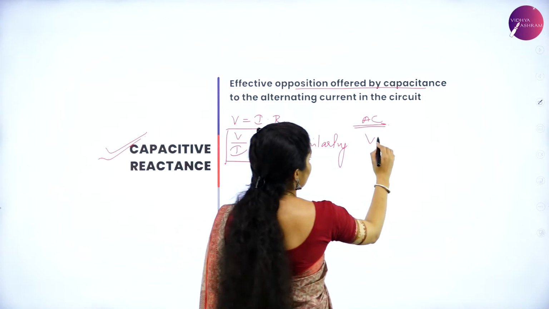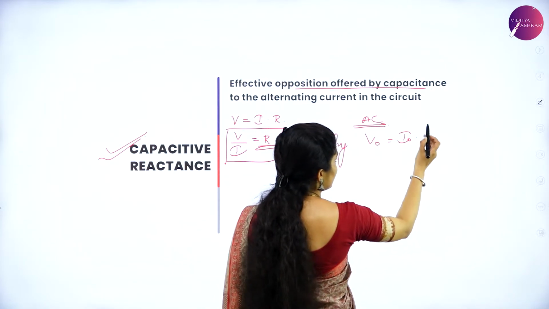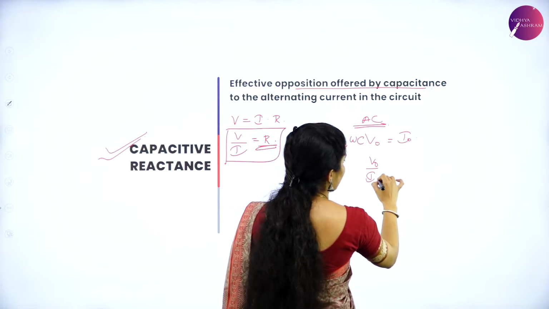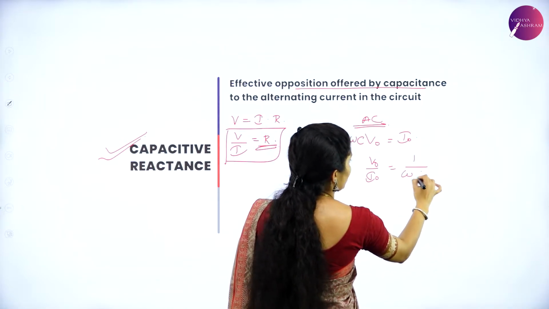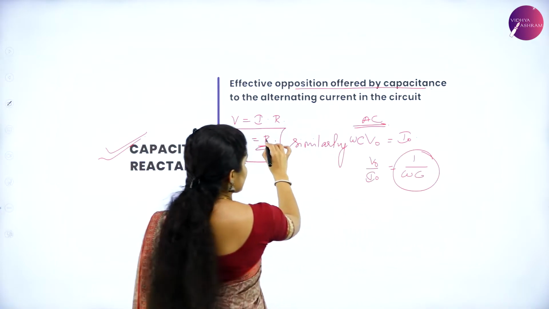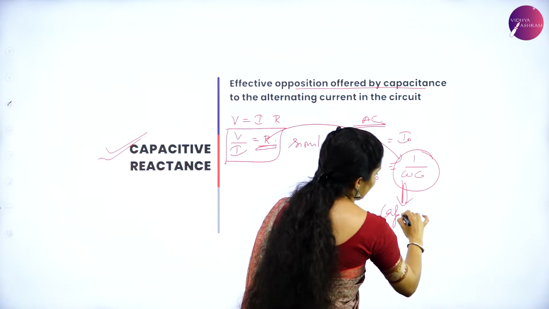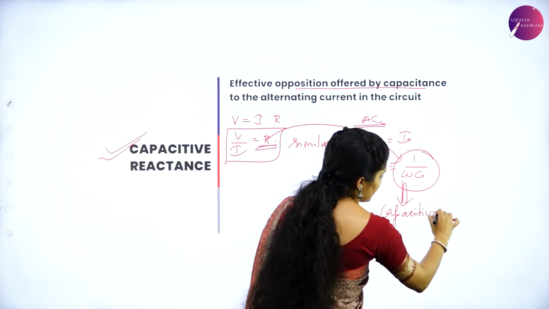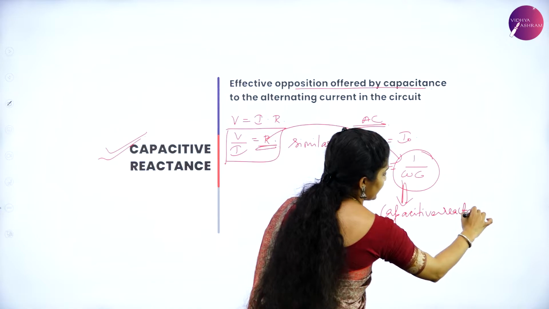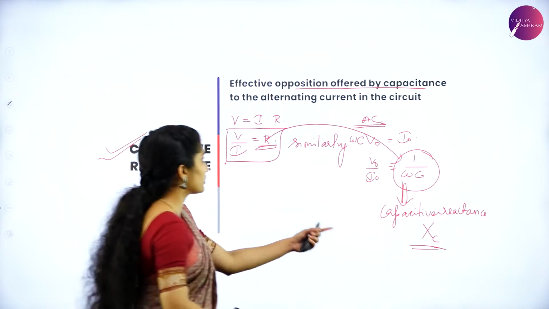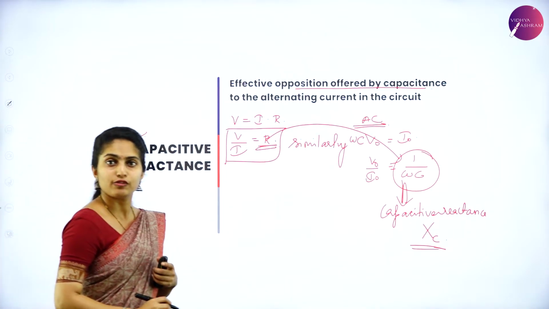V naught is equal to I naught into C, and omega comes out here. So we have V naught divided by I naught is equal to 1 by omega C. 1 by omega C acts the same as resistance R, because of which we call this capacitive reactance, and capacitive reactance is given by XC. So this is all about the capacitive reactance formula.